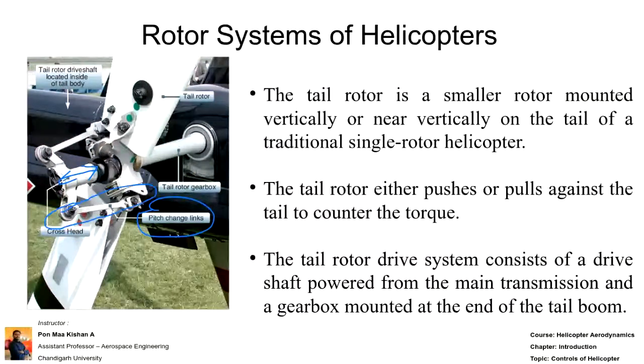This link is used to change the pitch of the tail rotor. The tail rotor's cross section is an airfoil shape, so in order to change the pitch, either pitch up or pitch down, these links will be used. I will explain how the pilot will control that pitch in a later slide.